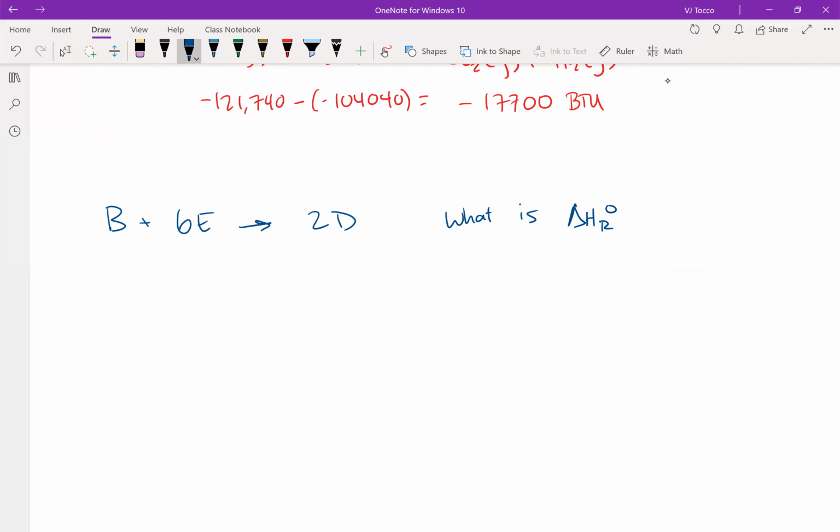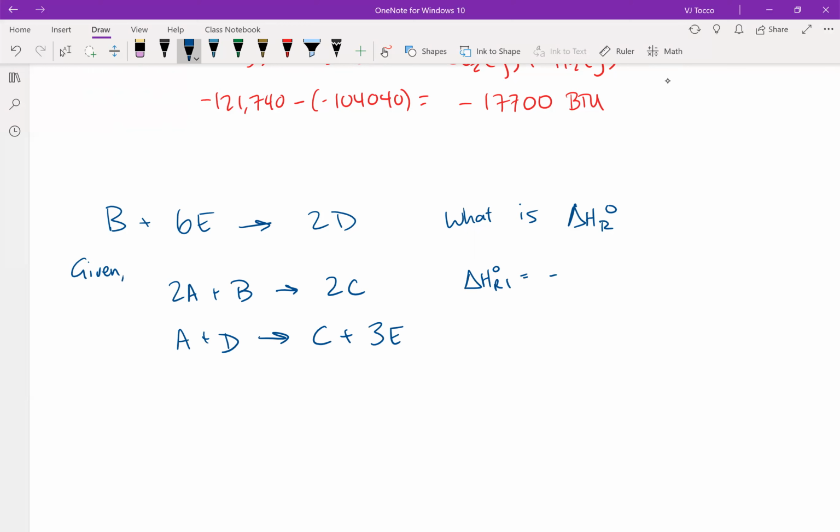And as given data, I have the following. Given that 2A plus B goes to 2C, and A plus D goes to C plus 3E, and I have heats of reaction here.